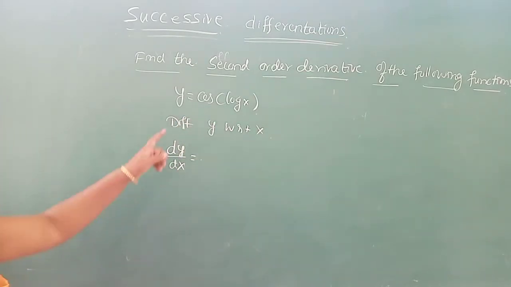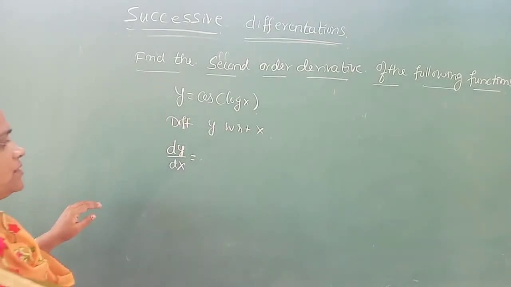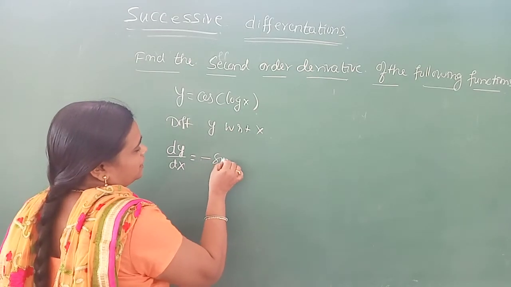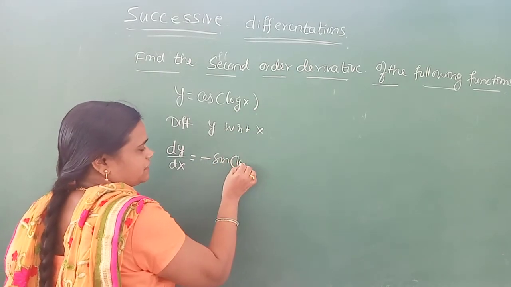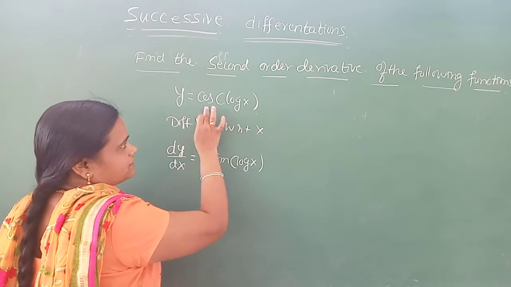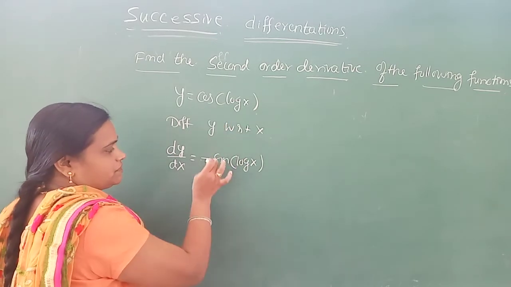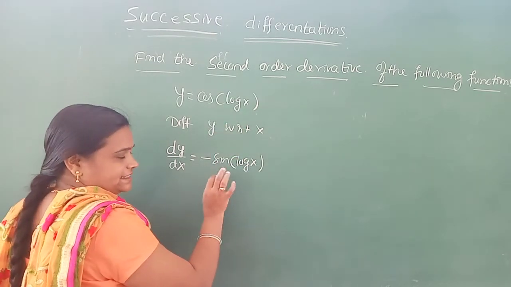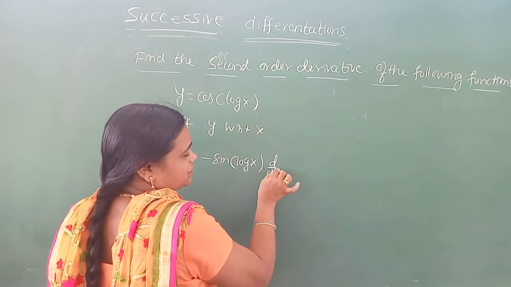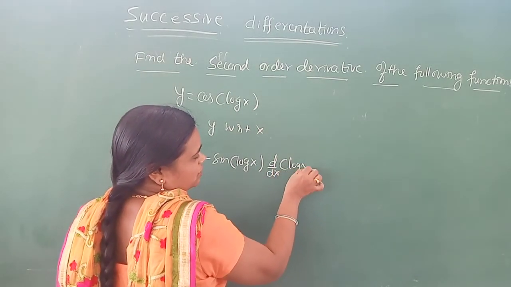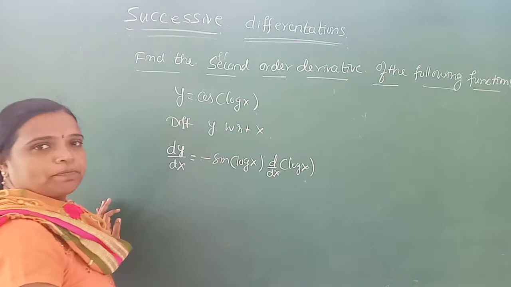First differentiation is cos. Cos differentiation is minus sin, and the inside function we write as it is, log, then function of function, d by dx of log x. You understand?